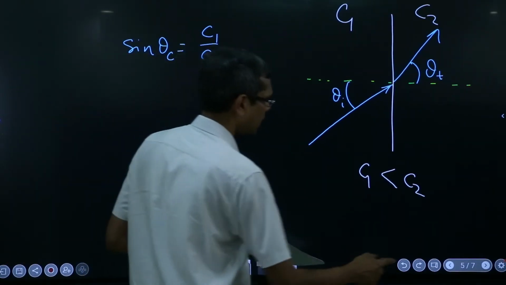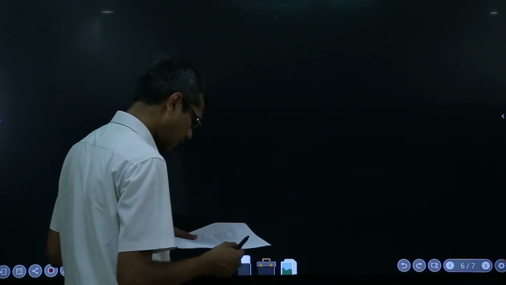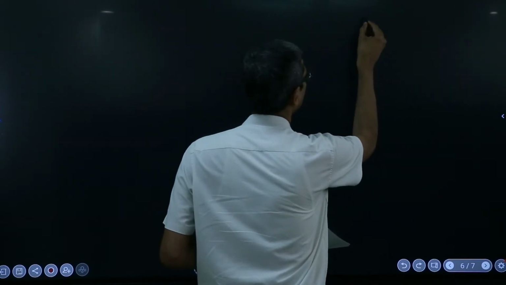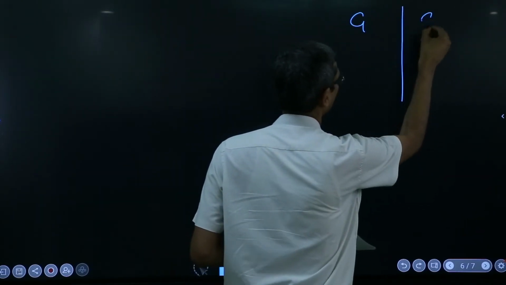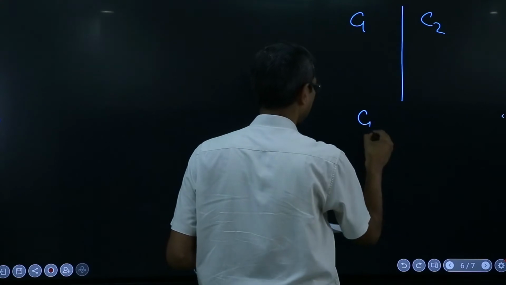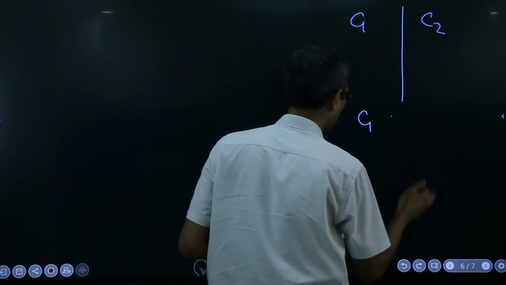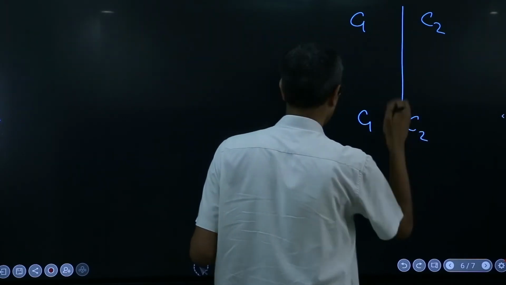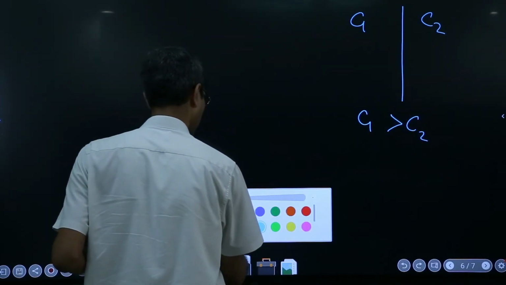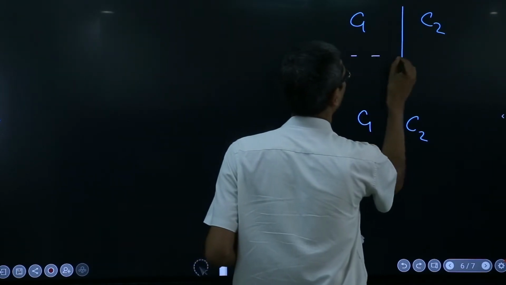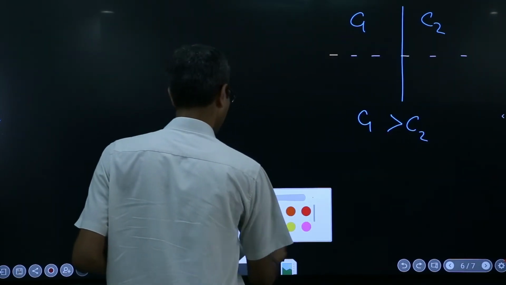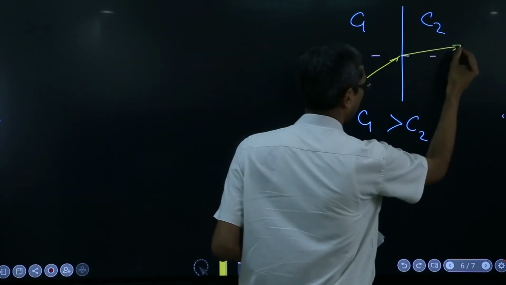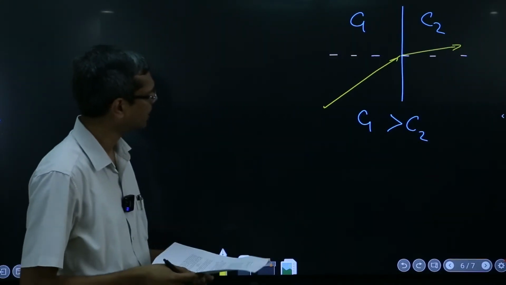Then one more case, I think the last case of interest, is when C1 is greater than C2. If I try to draw that, the situation is like this.